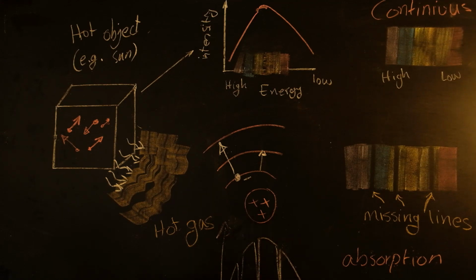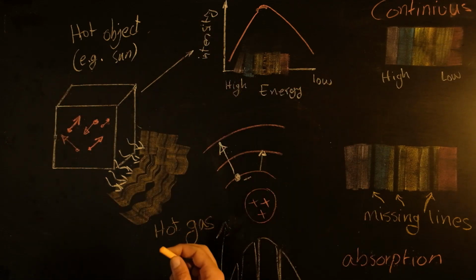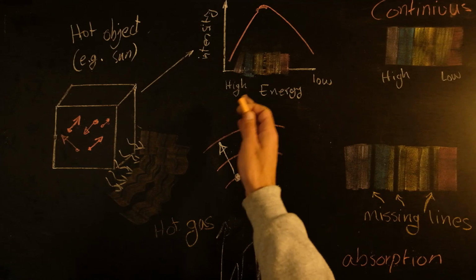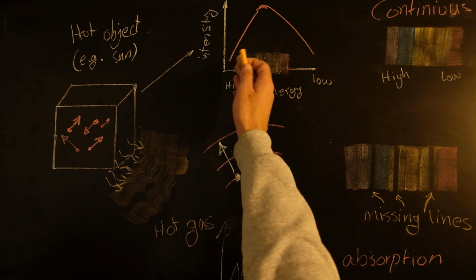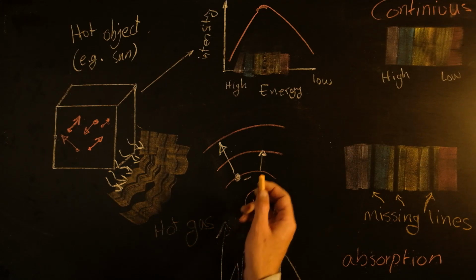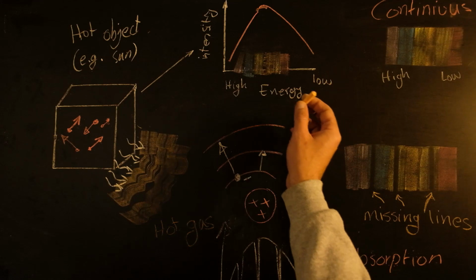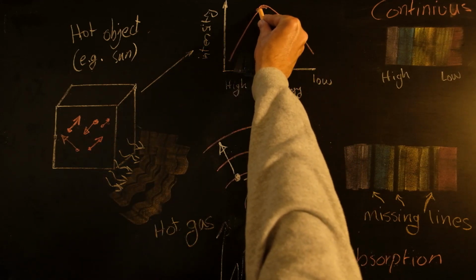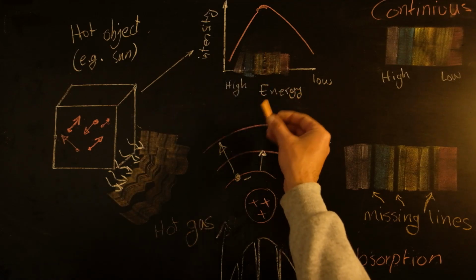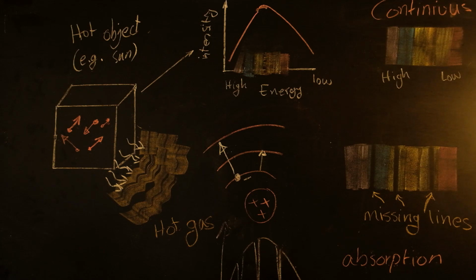Another interesting result is, let's say we have this continuous spectrum, and if you remember higher energy, lower energy, I just put colors here, red on one side and blue and violet on the other side. Okay, and in this case we have kind of all colors, but you can see our highest point is around green, so this object will look green. Okay, now let's say I decrease the energy.